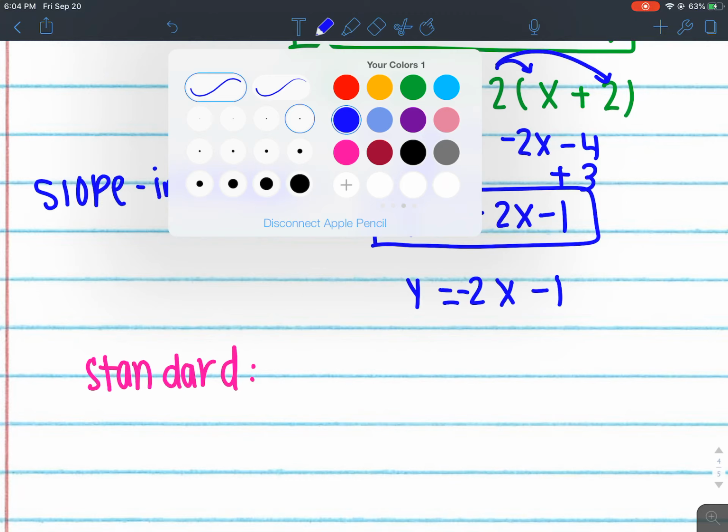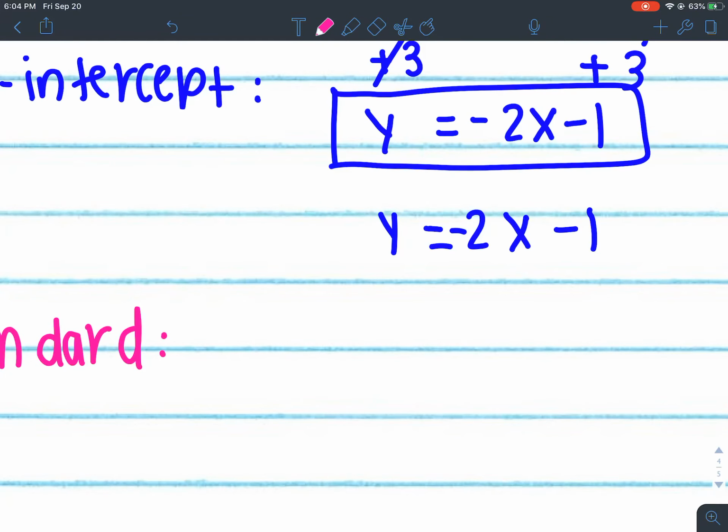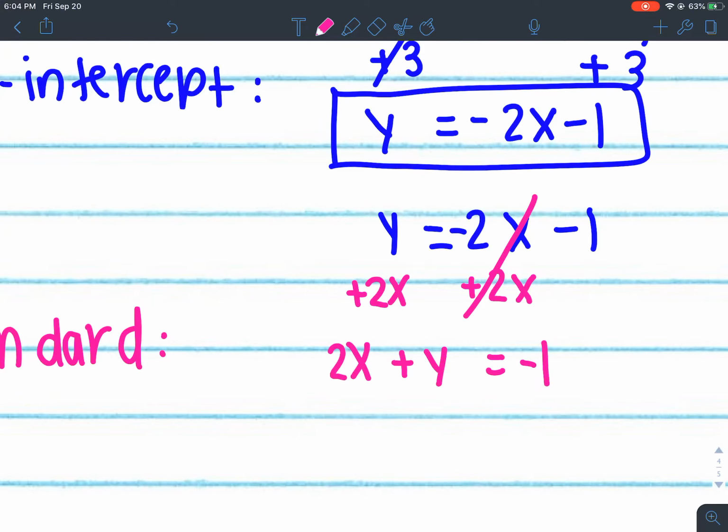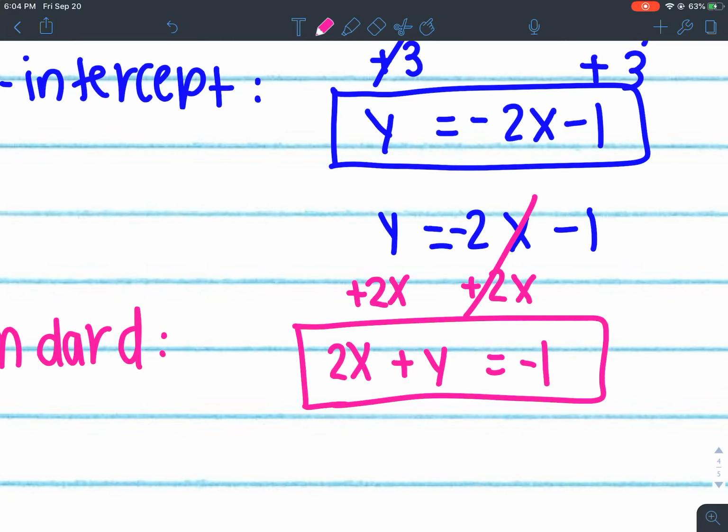I want my a to be positive, and I want no fractions or decimals. So the first thing I'm going to do in order to get this in standard form is add 2x to both sides. I have 2x plus y equals -1. I want to always write my x first. And here I already have standard form. My a is positive, it's a +2. I have no fractions, and my x and y are on the left side, so we're good.